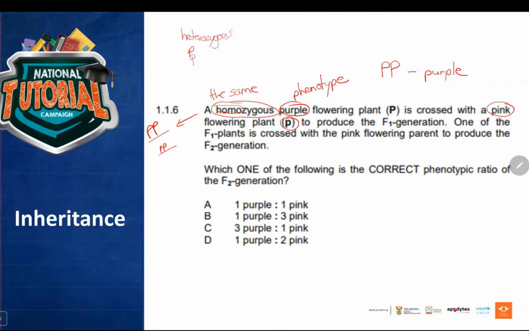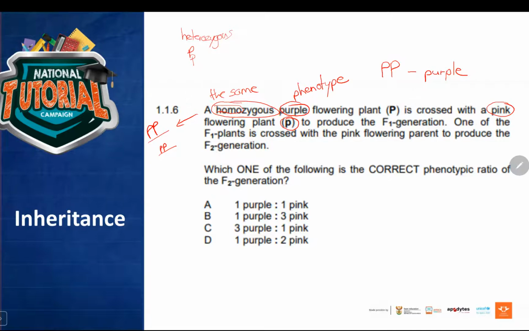So we already learned, and here is the trick to this question, that if something is dominant, it will express as purple, because there's one capital letter and that indicates dominant. And remember, if something is a dominant allele, if it's a capital letter, it is the one that will be expressed.